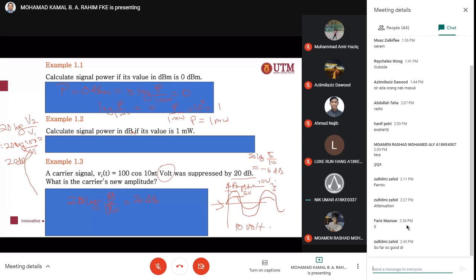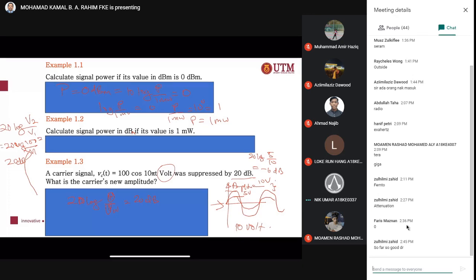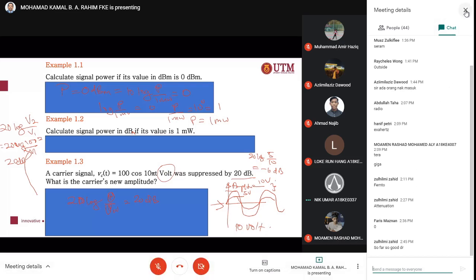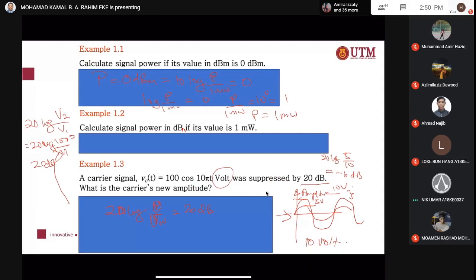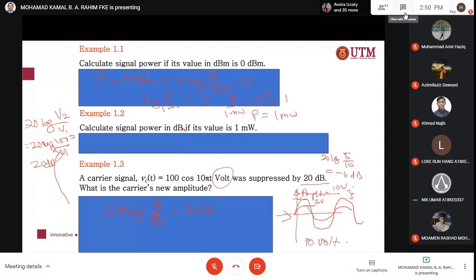Okay, the step here, because I show you to make you understand more. Alright, so like this, for example, I repeat again. Let's say you have this signal is about 10 volt, right? 10 volt, and then you suppress, and then the value is 5 volt.